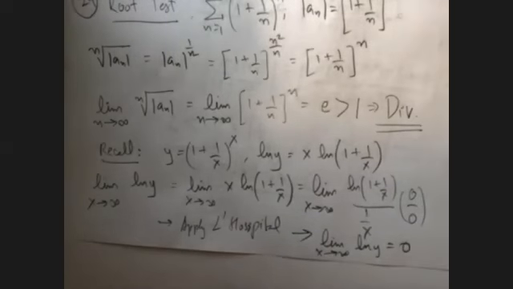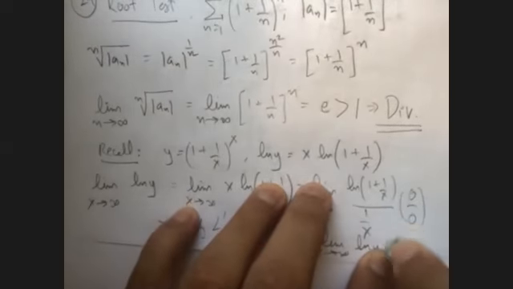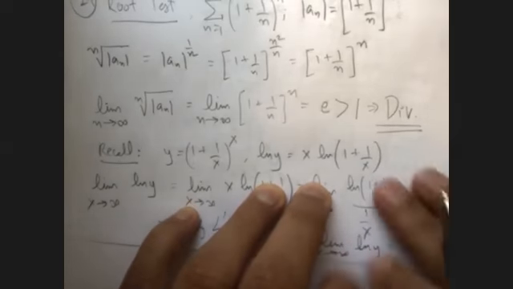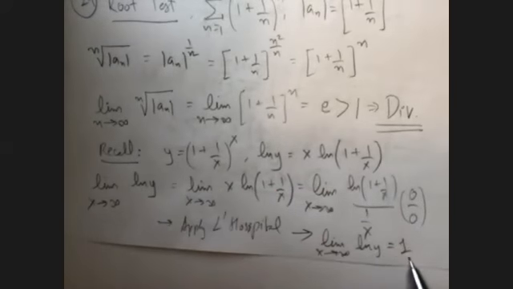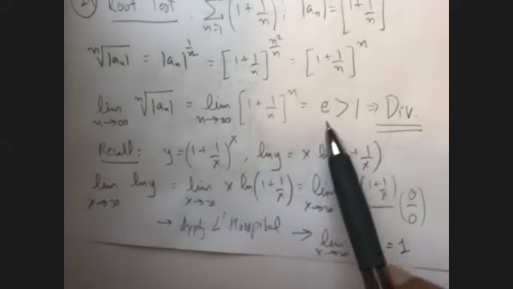And that would give our answer. Not 0. So the limit of ln y will be 1. So for y, it will be e to the 1. And because it's greater than 1, it's divergent.